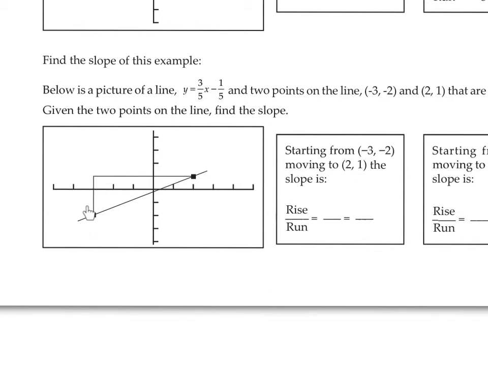It looks like 1, 2, 3 units high, so the rise is 3. And the run, how long is this triangle? It looks like 5 to me. So this would be 3 over 5.